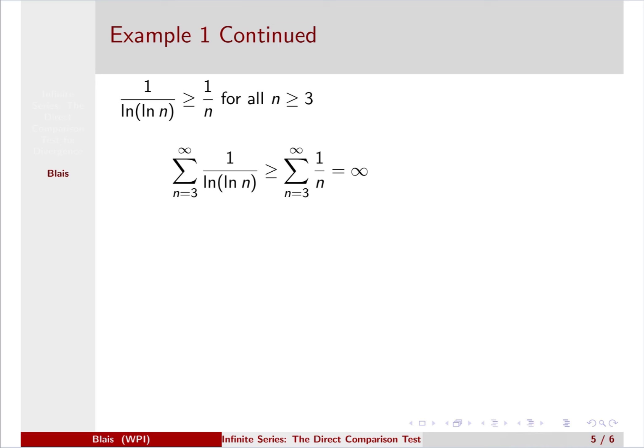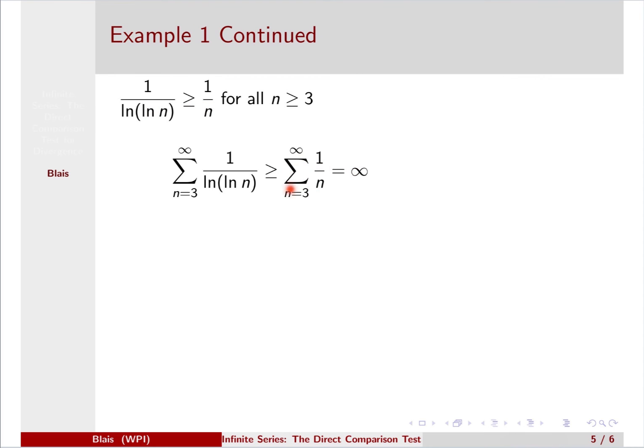And remember, our sum started at n equals 3. So again, our given series was this here. With the inequalities we just built, we saw that our series has to be bigger than or equal to the series where we sum 1 over n, simply because we have this inequality.